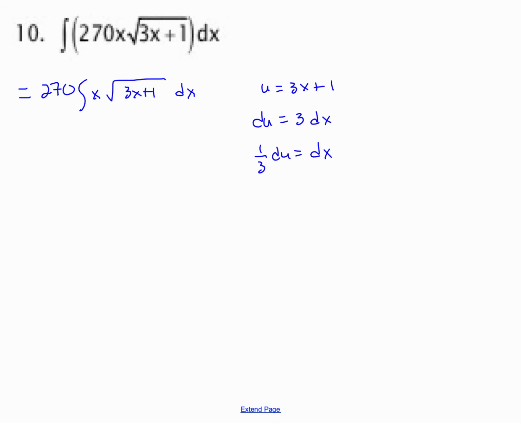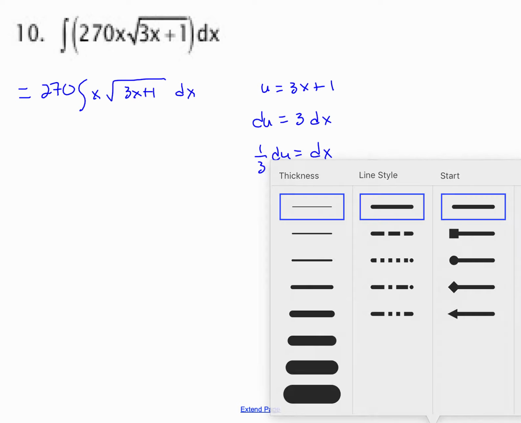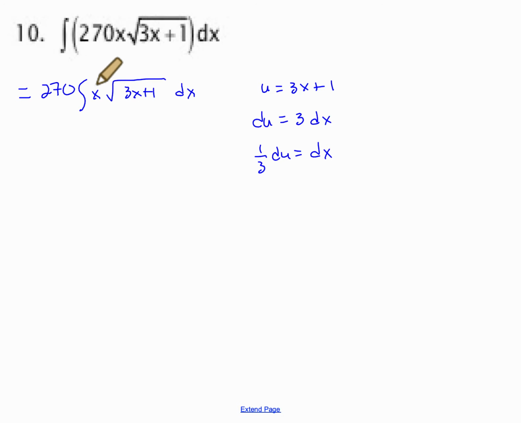Okay, so now on to the problem. And our problem child is the x. We had agreed that if we have u equal to 3x plus 1, then 3x plus 1 minus 1 would be equal to 3x.